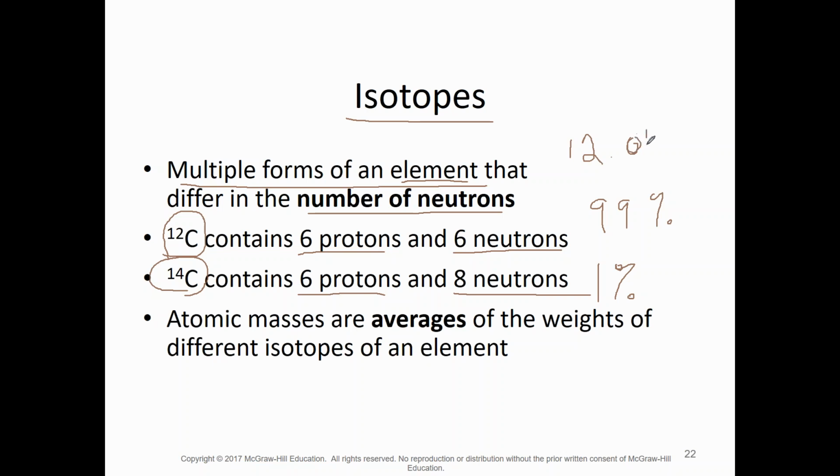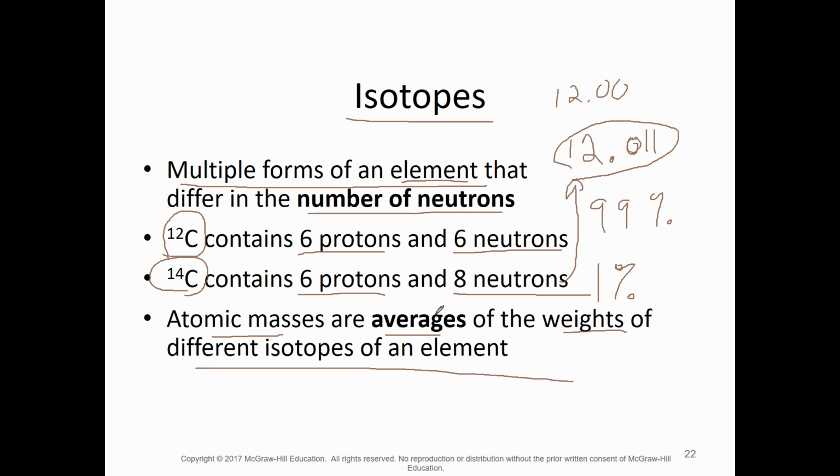And so you'll see that when you look at the atomic masses with their precision, they're always going to be a decimal because of the different isotopes of an element. So instead of the average mass of a carbon atom being exactly 12.00, it's actually 12.011 because the carbon-14s bump the average up slightly. Okay? And so atomic masses are averages of the weights of different isotopes of an element. So atomic masses almost always are going to have a decimal and then something else.